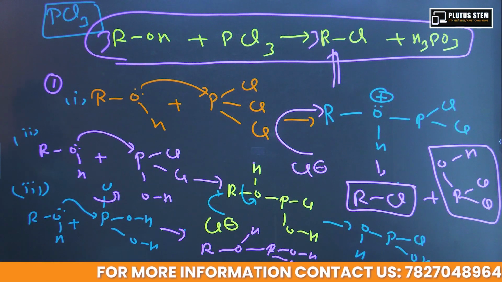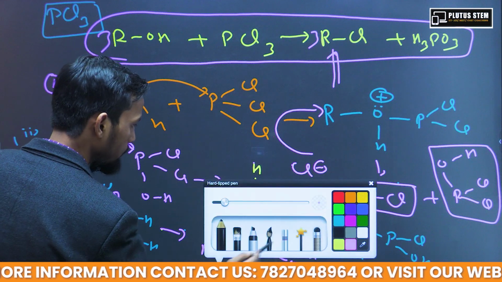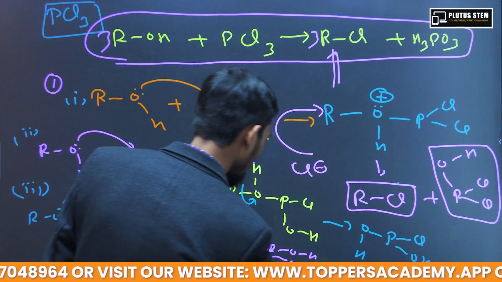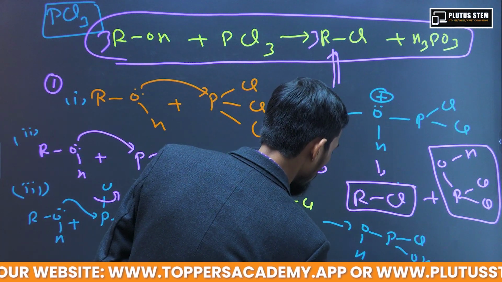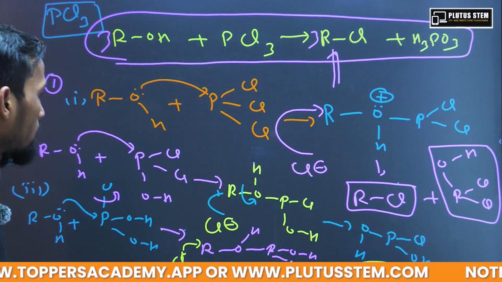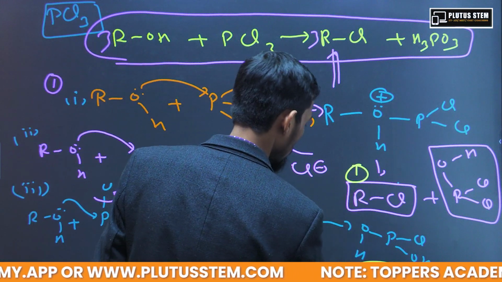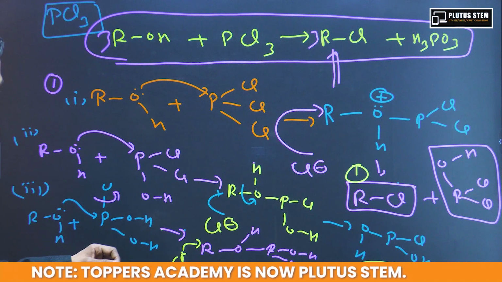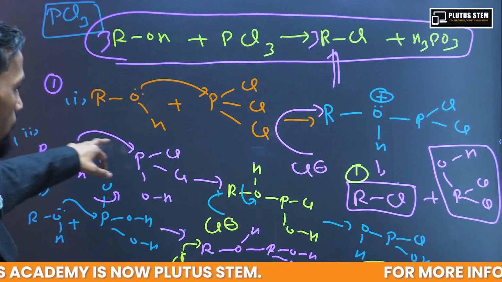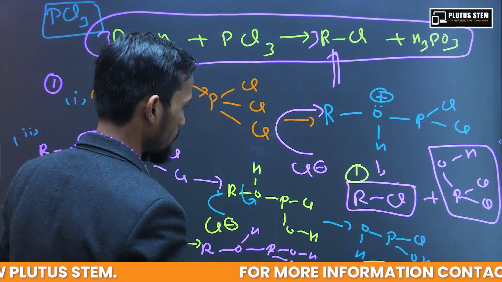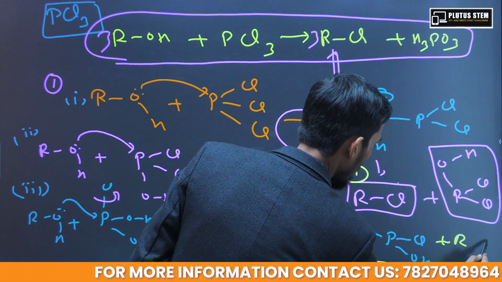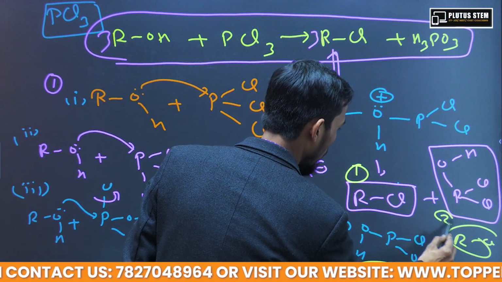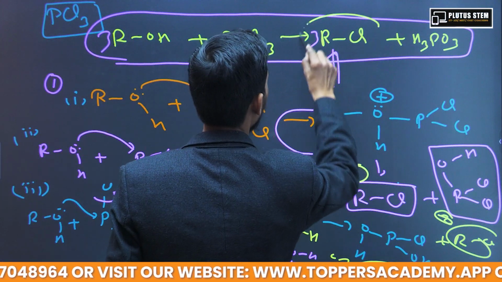So this Cl which left, now it will attack from this side and we will get RCl. So how many RCl are we getting in this product? First RCl, one RCl, one more RCl we need to get. From this side also we get this RCl, plus RCl, and the third one we are getting from here. So 3 RCl we are getting, 1, 2, 3. So you can see from here 3 RCl.